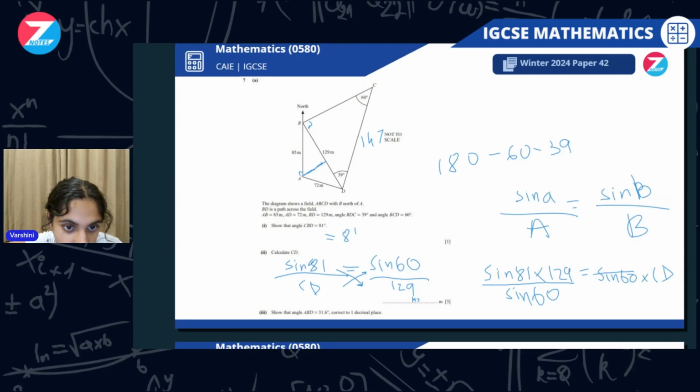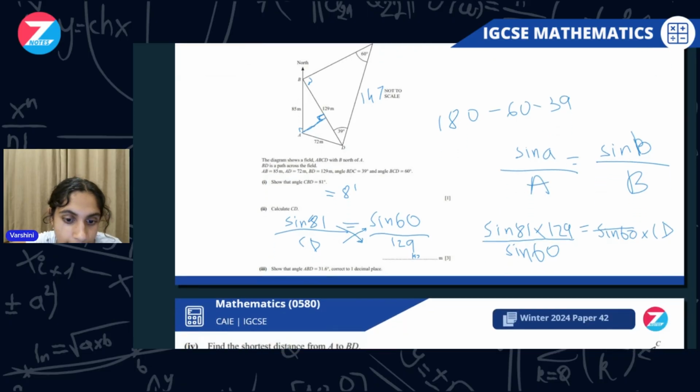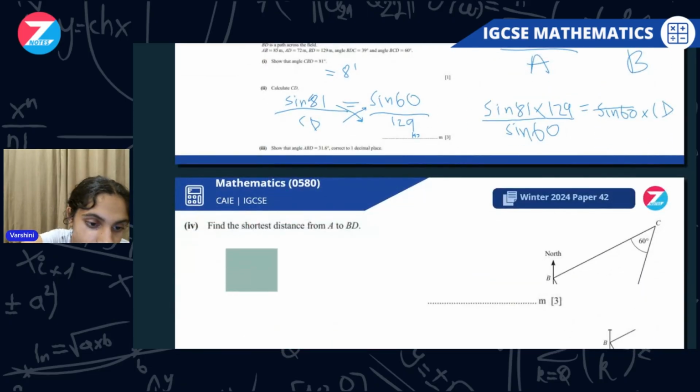So we can draw a little right angle there. Okay, so we know this length, and we know this length, and we want this length. And since this is a right angle triangle, which we can draw over here.